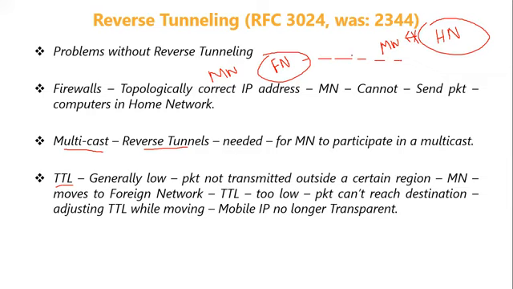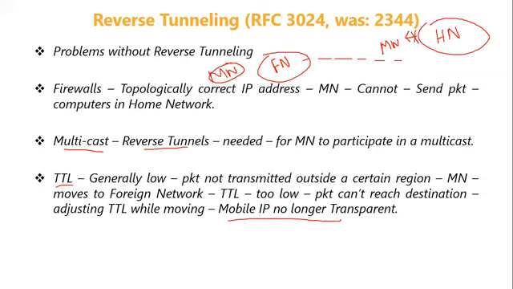Because of this, the mobile node may increase the TTL value, since otherwise the packet will be dropped because the TTL will expire. But if the mobile node increases the TTL, then there is an issue: the mobile IP will no longer be transparent.